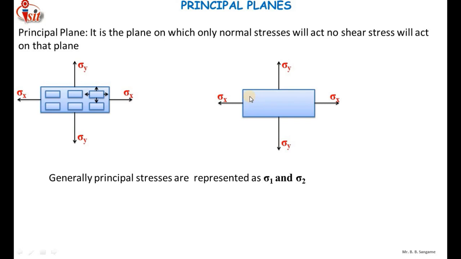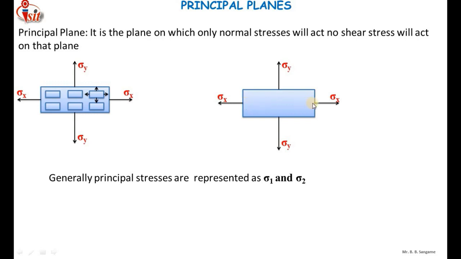Once again let me remind you that the principal planes are the planes on which only a normal stress will be there. There will not be any kind of shear stress acting on those planes. You can see that the vertical sides of this element are subjected to normal load, that is the stress which acts perpendicular.